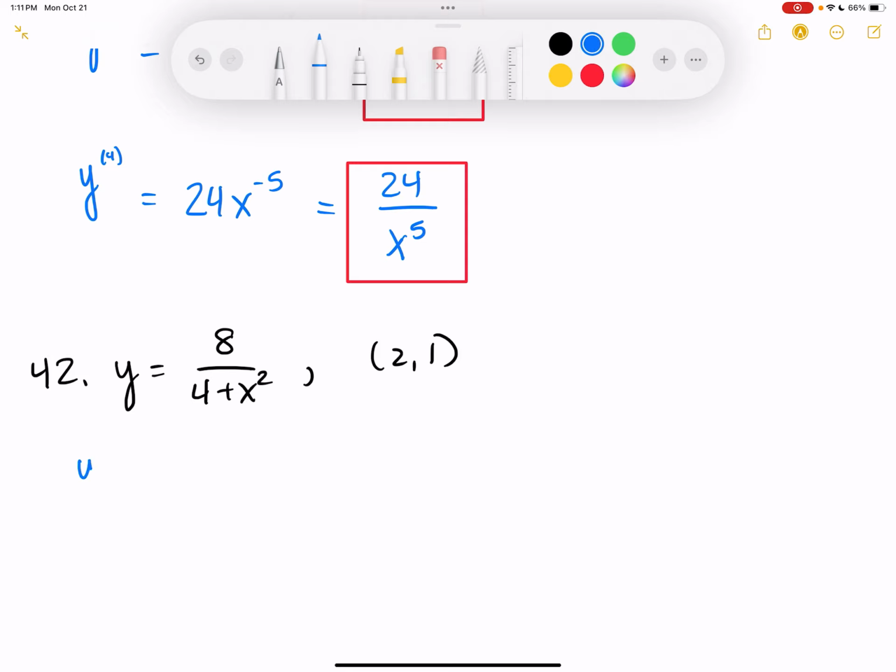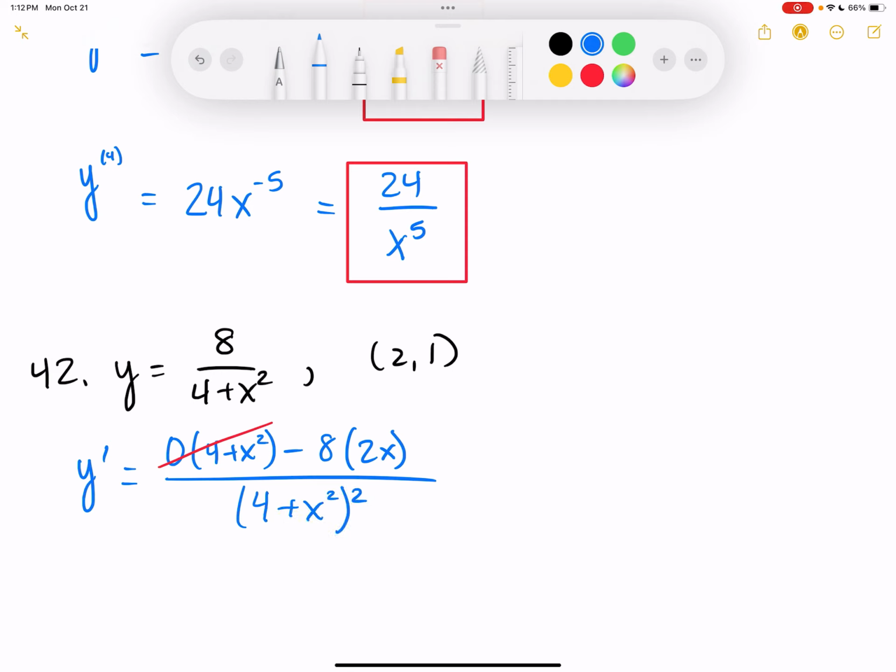So, derivative of this would be what? 0, right. 0 times 4 plus x squared minus 8 times 2x divided by that squared.